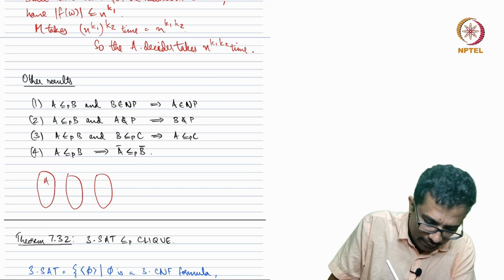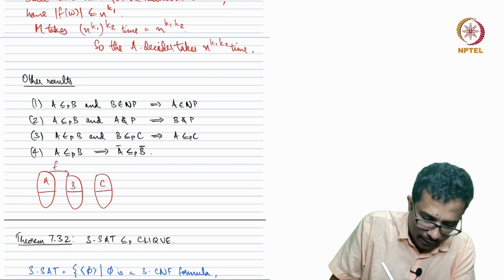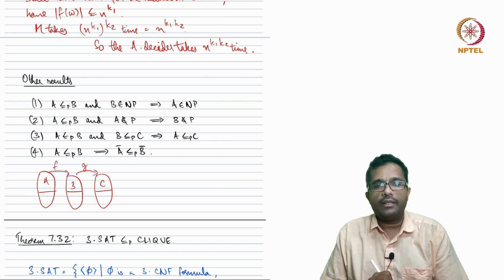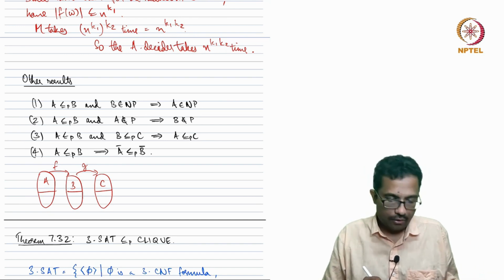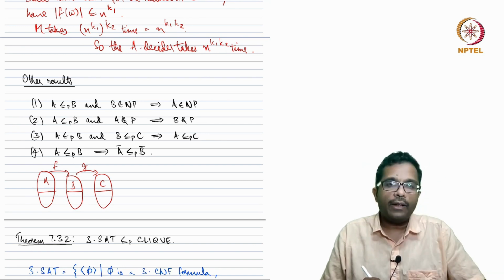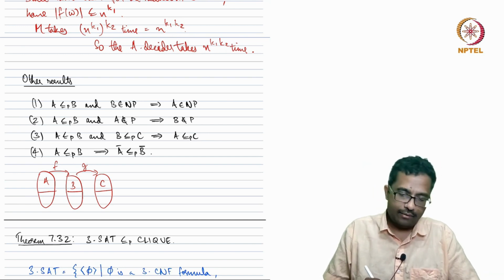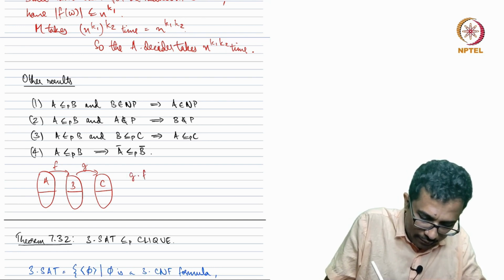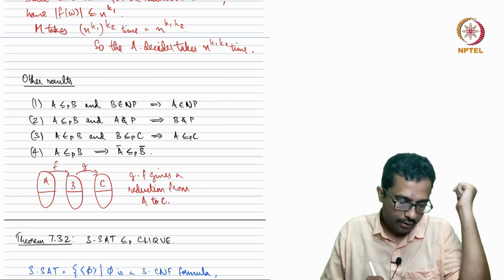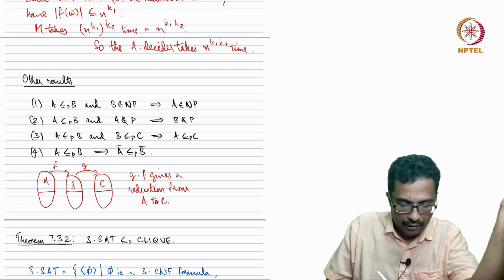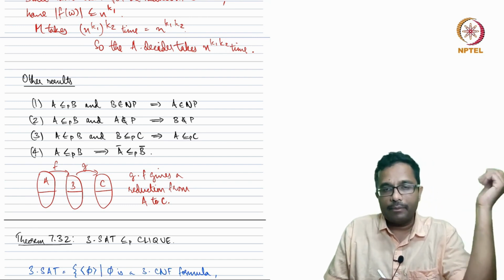Suppose these are A, B and C, and the function f takes you from A to B and the function g takes you from B to C. We can compose these two functions, and g of f gives a reduction from A to C. Given w, we compute f and then g of f of w.